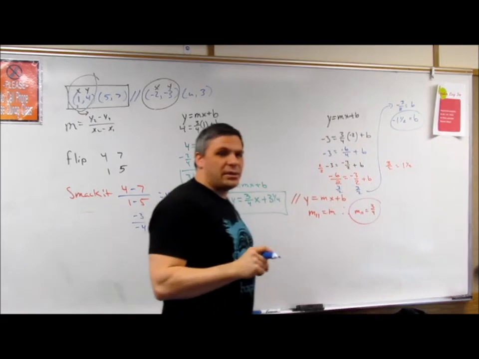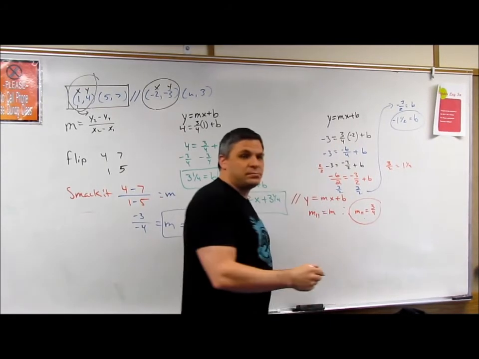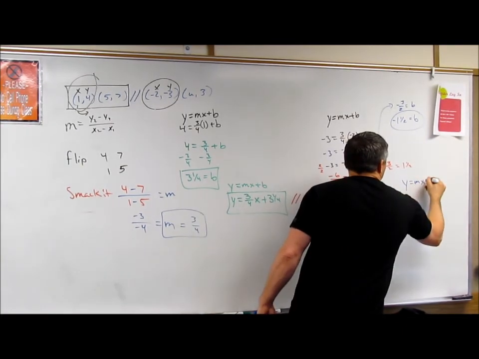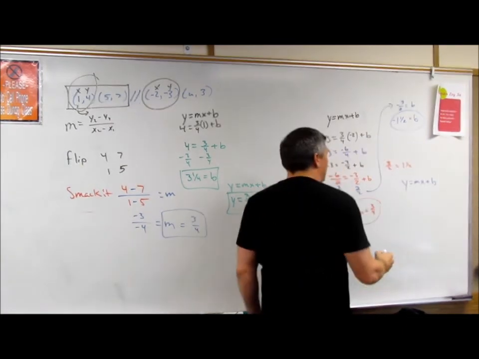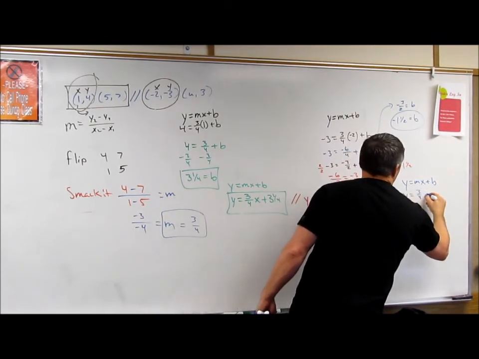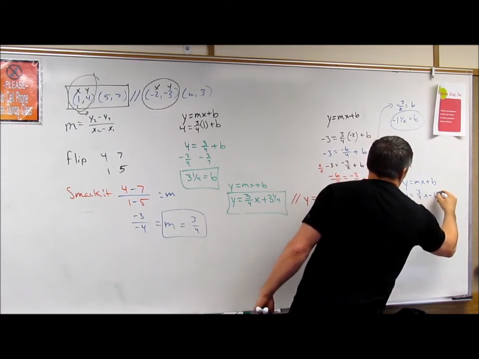Okay, so I have my B. I have my M. So y equals mx plus b. Y equals 3/4 x plus minus 1 1/2, right?